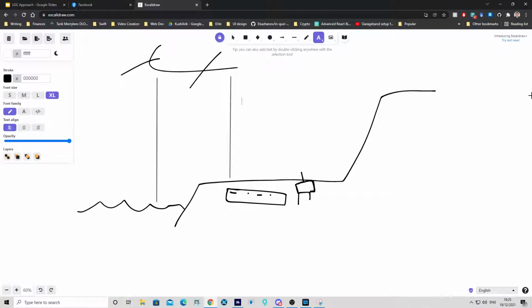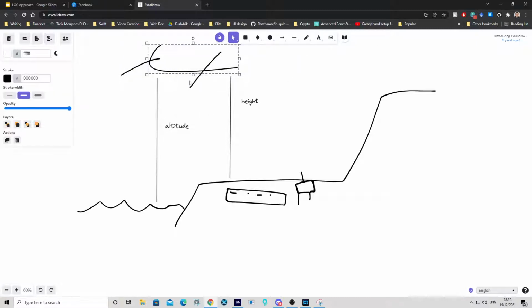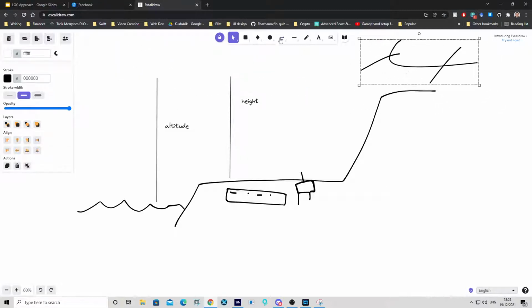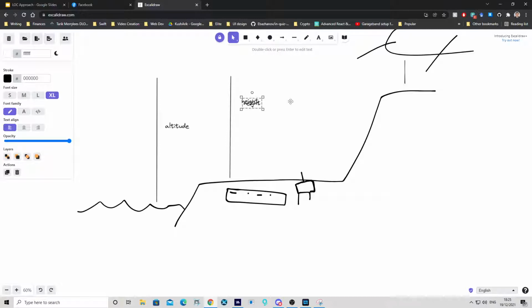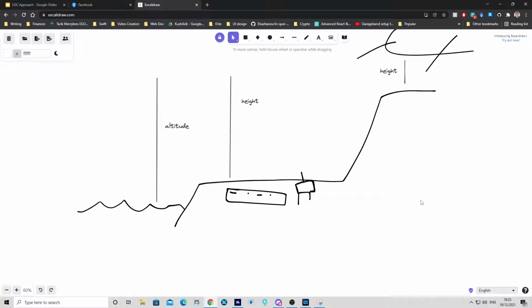So this is height, and this is altitude. Okay. So if I were flying here, this would be my height. Really important to know the difference between height and altitude, yeah?